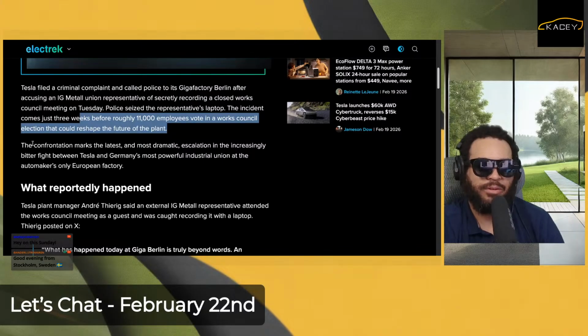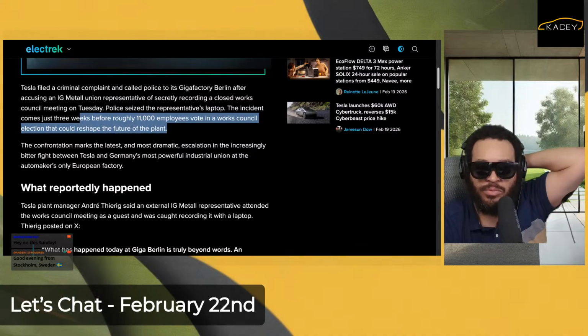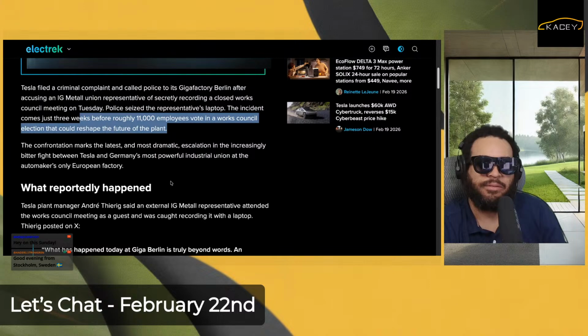So depending on what happens in their case here, that could change. The confrontation marks the latest and most dramatic escalation in the increasingly bitter fight between Tesla and Germany's most powerful industrial union at the automaker's only European car factory. Car factory? Let's call it that. I'm pretty sure they still have more factories in Europe than that.